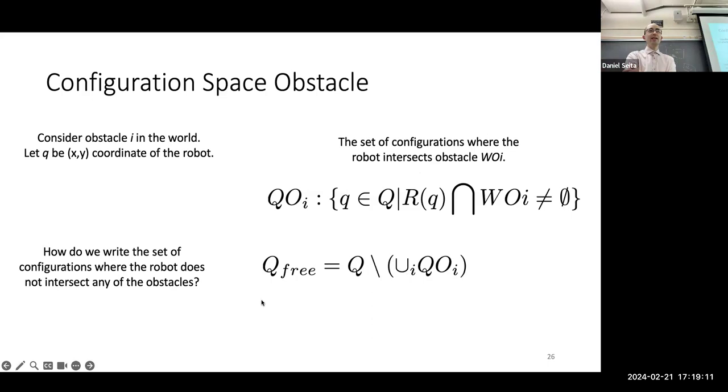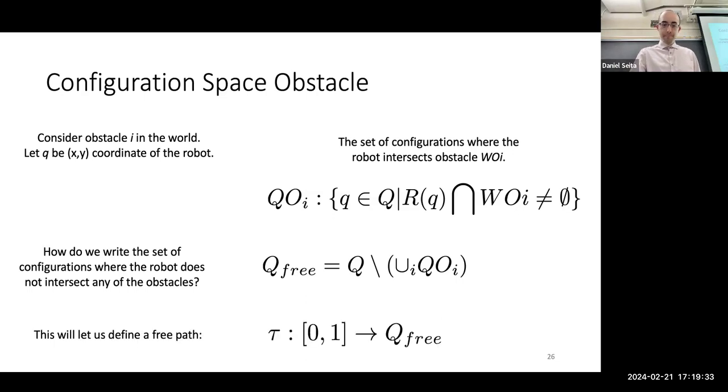So if the robot is over here, this Q is going to be in Q_free because it doesn't collide with anything. And then this will help us define a free path. I guess this is denoting time. So you get time from 0 to 1, if you normalize it to the scale, and then you map it to something in Q_free.